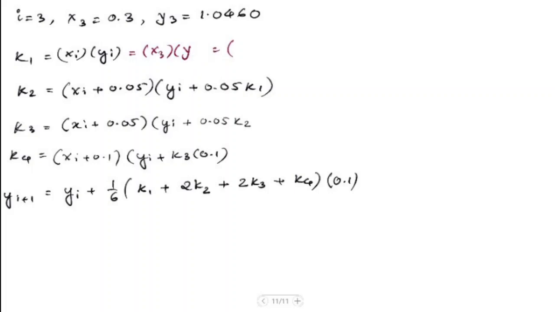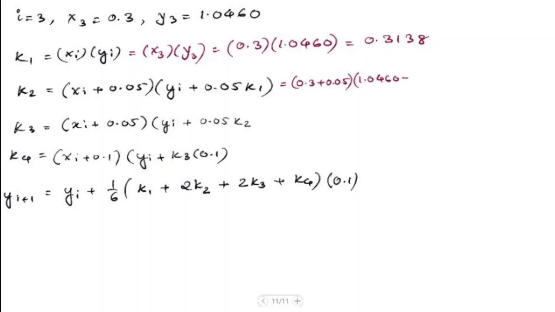So x3 times y3, we have 0.3 times 1.0460. So that gives us the value for k1 as 0.3138.